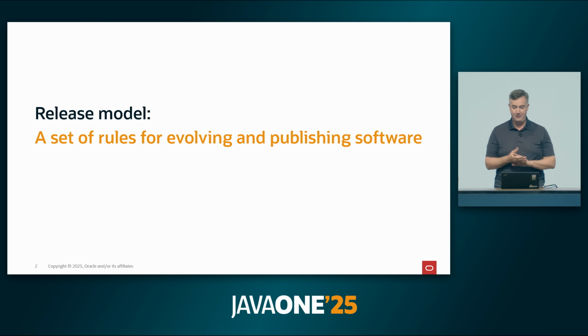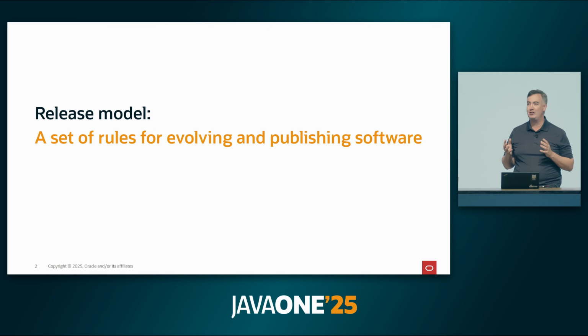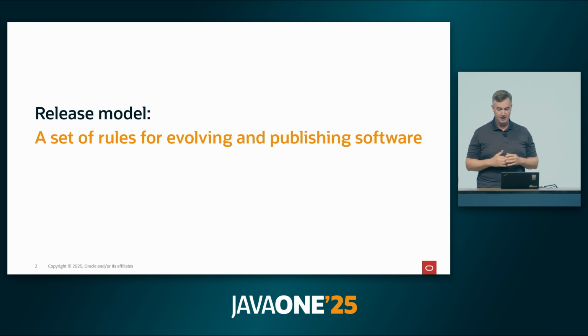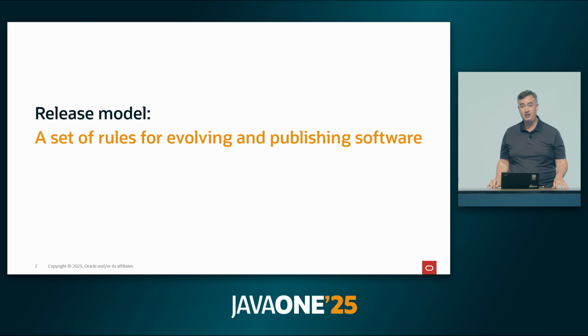So before I go any further, let me define what I mean by release model. A release model is a set of rules for evolving and publishing a piece of software. Every project, whether it's an application or a library or the JDK itself, defines these rules to govern when the software is released, what kind of changes are allowed in each release, and how older versions should be maintained and released, if at all.